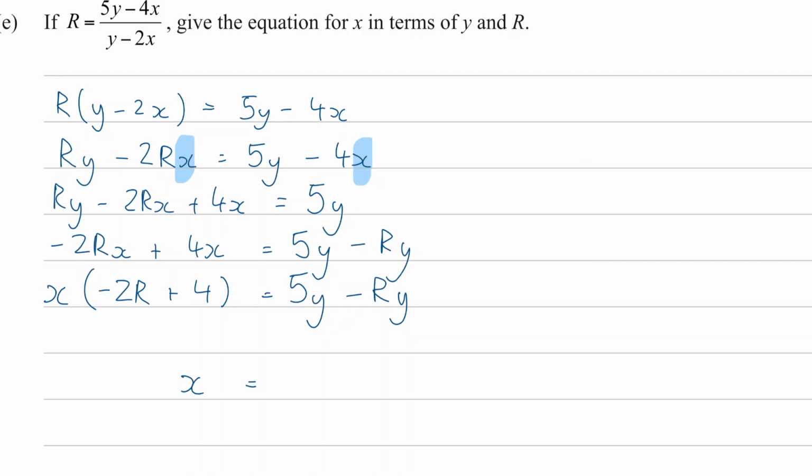So x will equal 5y minus r times y, all over minus 2r plus 4. And that is our equation rearranged for x in terms of y and r.